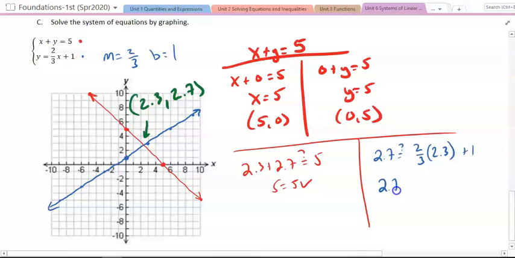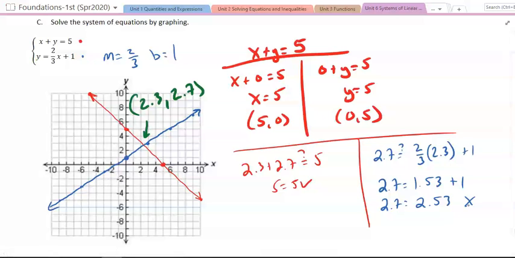So we put 2/3 times 2.3 in our calculator, and what we get is 1.53 with the 3 repeating, plus the 1, which gives me 2.53. So 2.7 and 2.53 don't match up, but they're pretty close, right? So we can tell that we're close to this answer, but it's not precise.